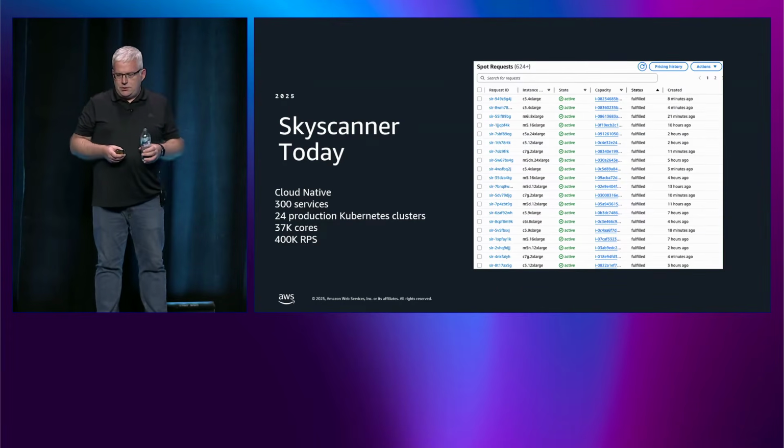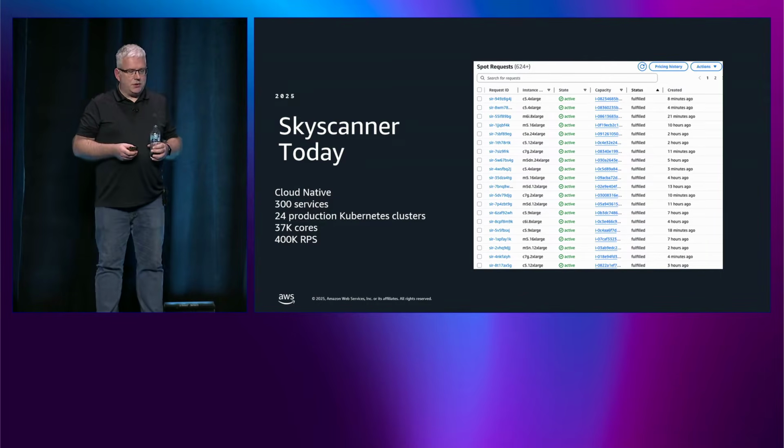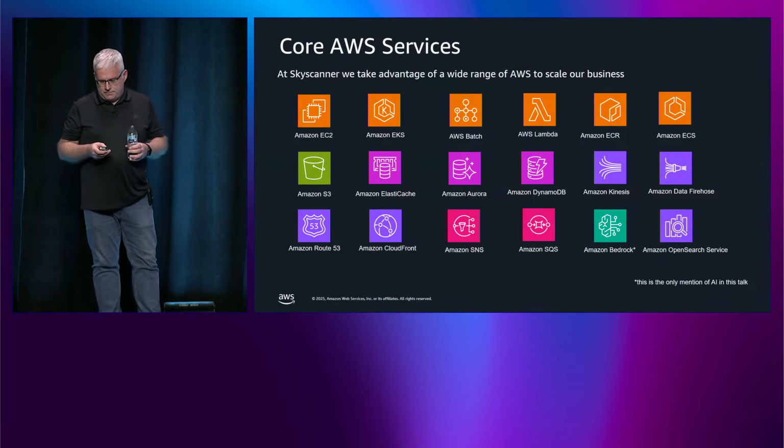We use 4 active regions with 12 AZs. We have 24 production Kubernetes clusters. We routinely run over 37,000 cores a day, across over 250 different instance types. We'll see 400,000 requests per second across our service messages across all the clusters. And we have hundreds of terabytes a day of cache in use.